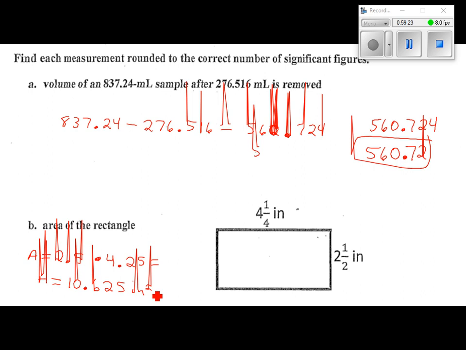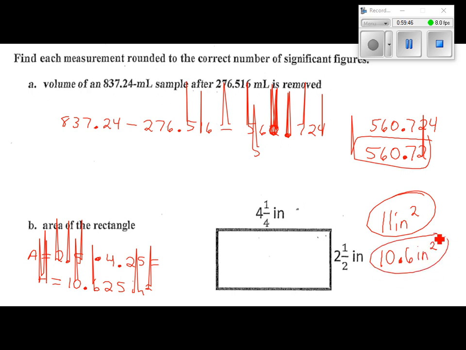11. Again, I don't completely agree with this. If we're doing significant figures, our answer should just be 11 inches squared because we rounded off to just 2 significant figures. I would probably rather see you put down an answer more like 10.6 inches squared.